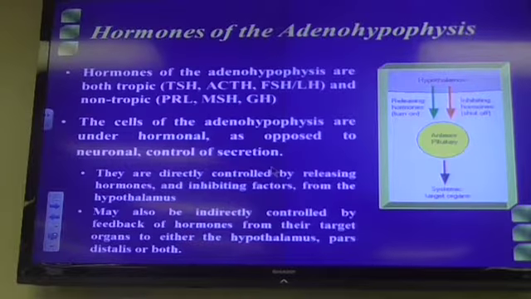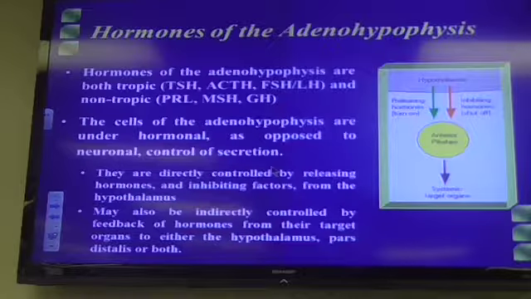Okay. Now the cells of the adenohypophysis are under hormonal control, because what's the neurohypophysis under the control of? Neurons. So the adenohypophysis is under the control of hormones. Okay, so it doesn't have direct neuronal activity associated with it.